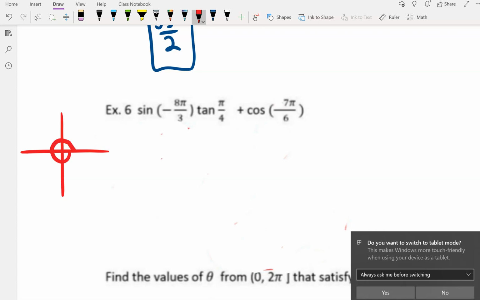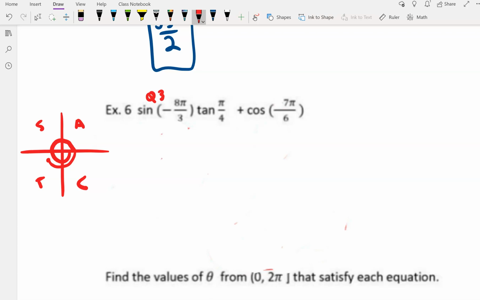But then I'm going to go 2 pi over 3 past that, meaning I'm going to terminate in Q3. A, smart, trig, class. So this is actually going to be negative in that quadrant. Negative, and then sine of pi over 3 is root 3 over 2.